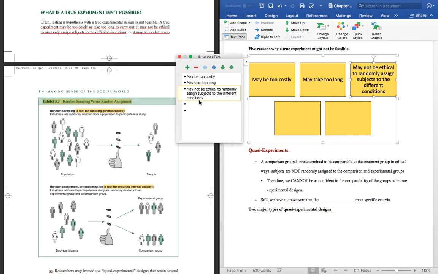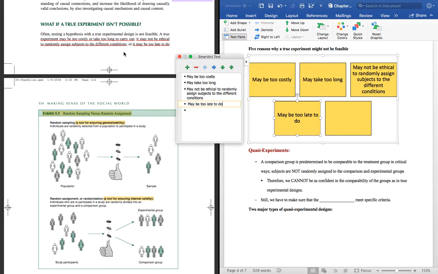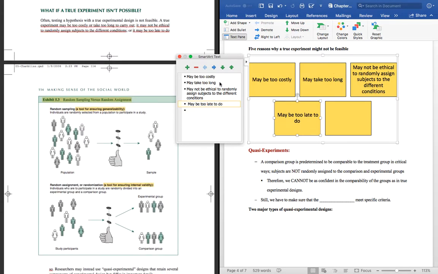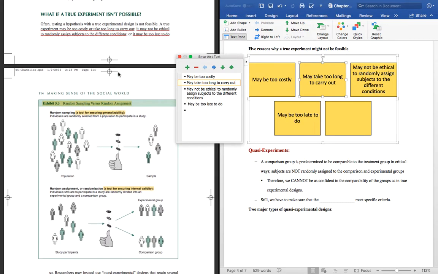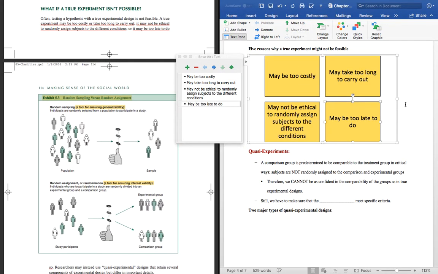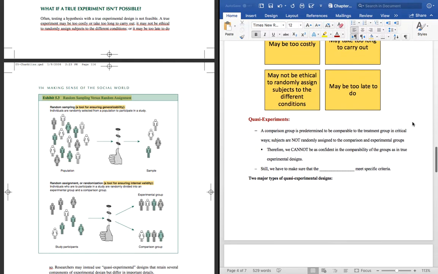For example, it might not be ethical to ask people to smoke cigarettes to see whether they develop lung cancer or not. It's not ethical to do. Maybe too late to do. Okay, there are actually 4 reasons, not 5.